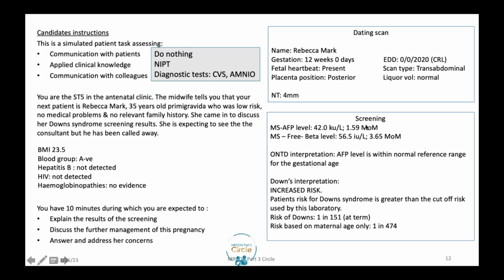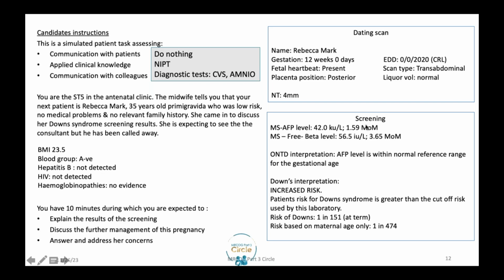You can start reading now. You can start, Anju.